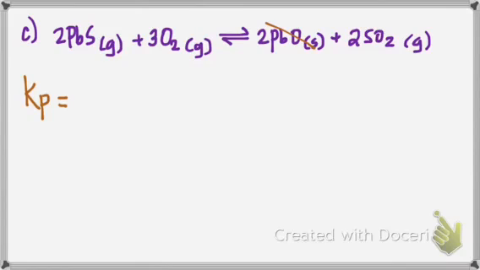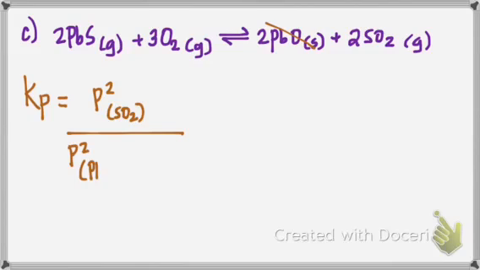I've got my product, so I'm going to have P squared for the gas SO2, over P squared for PbS times P cubed for my O2.